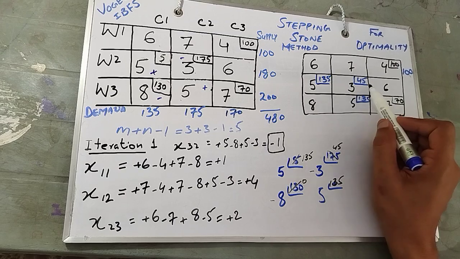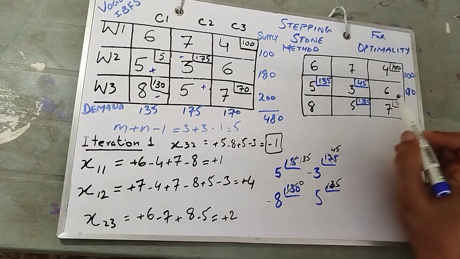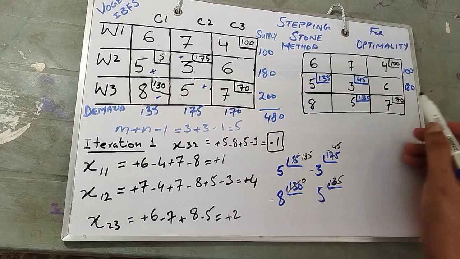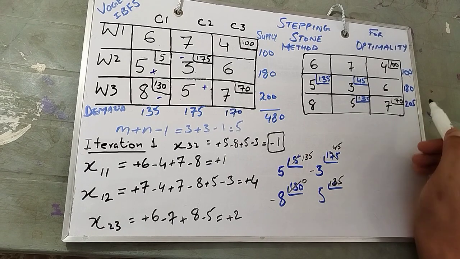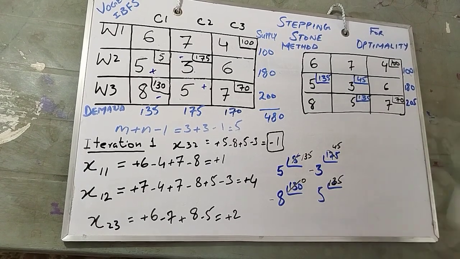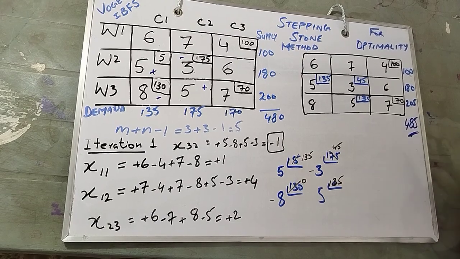135 plus 45 is 180. 70 plus 135 is 205. So it would be 100 plus 180 is 280, 280 plus 205 is 485. So 485 is the supply.